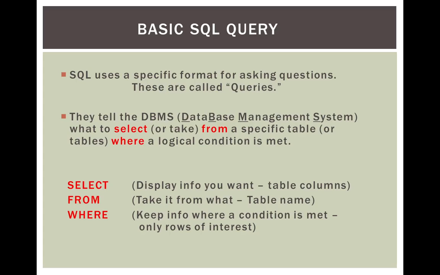It would pull up the table movies, search the column named title, look for a title that was the same as Toy Story 2, and then that's the information that it would return to you.